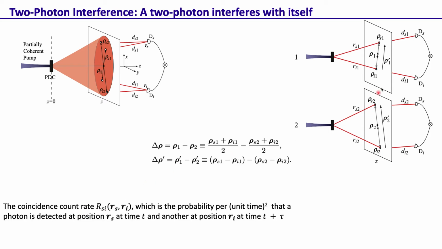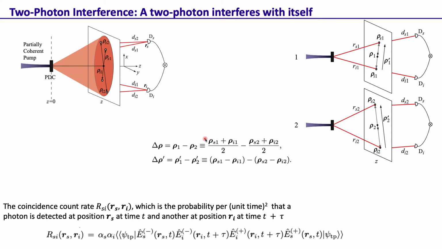Okay, now the coincidence count rate that we will see at this detector is essentially the probability per unit time squared that a photon is detected at position Rs at time t, and another photon at position Ri at time t plus tau. And we have seen that this is given by this expression, where this is the two-photon state.